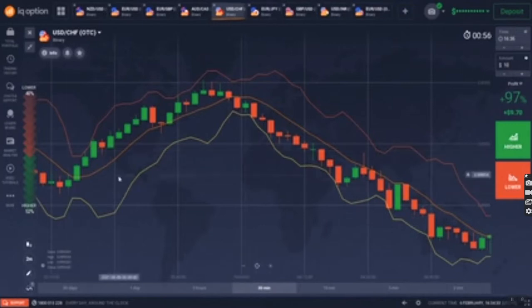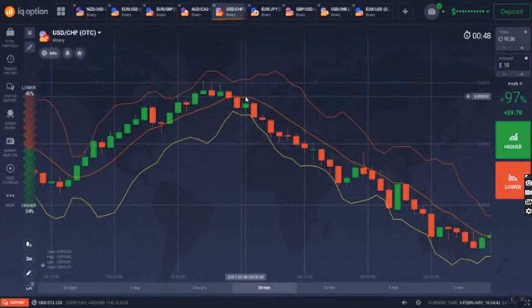We only look at the first candle that crosses the trend of the middle Bollinger Band line, and the first candle that crosses does not touch the middle line, the bottom line or the top line. That means the candle is not touching anything after it crossed the trend. For this method, it's very simple. We don't care about the candle color.